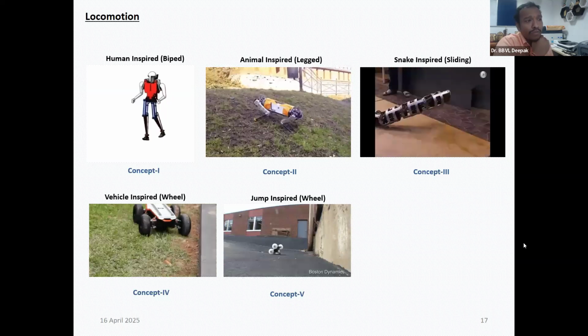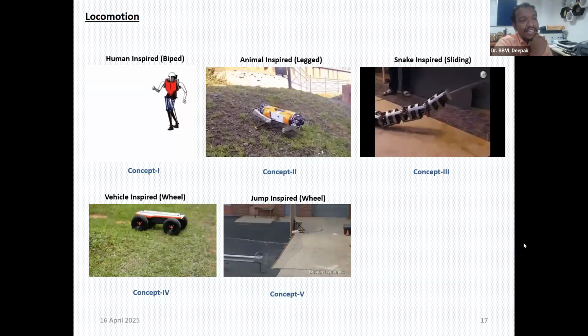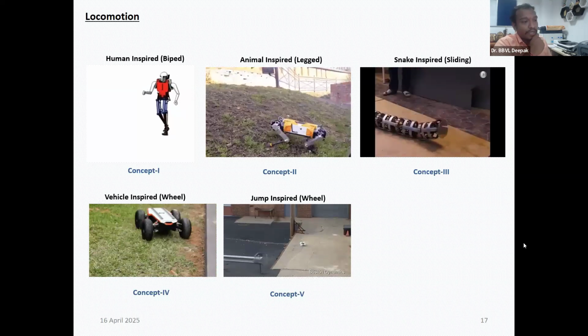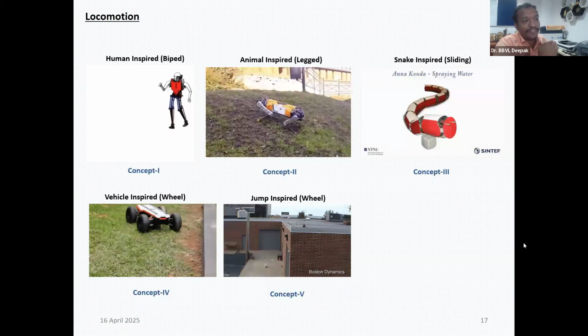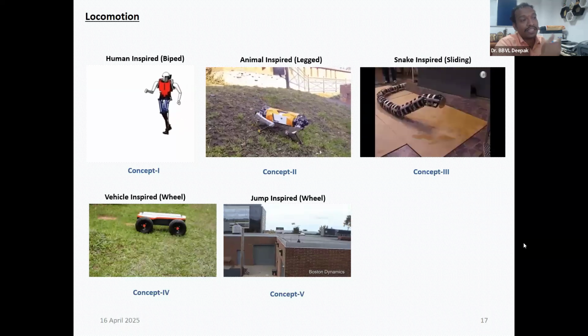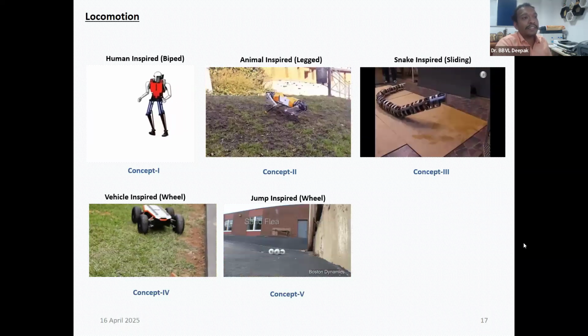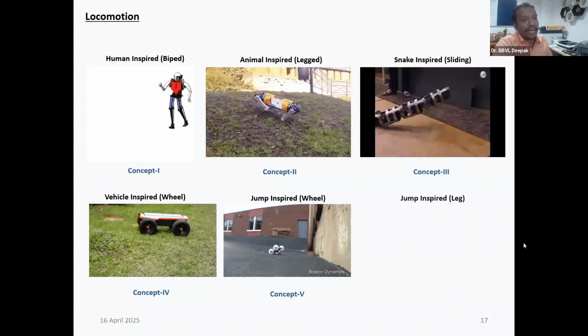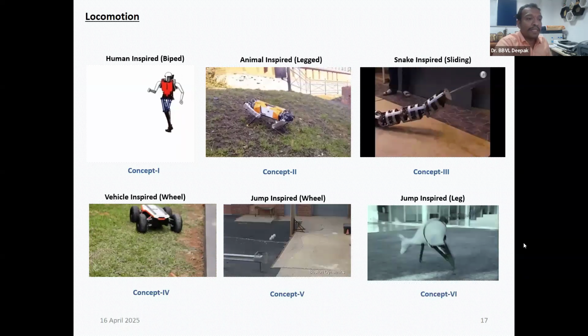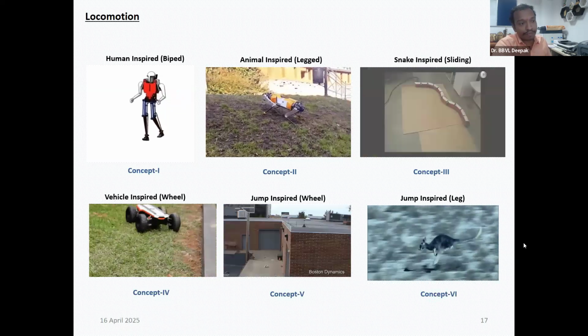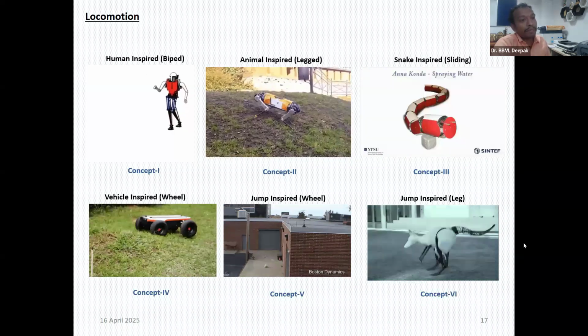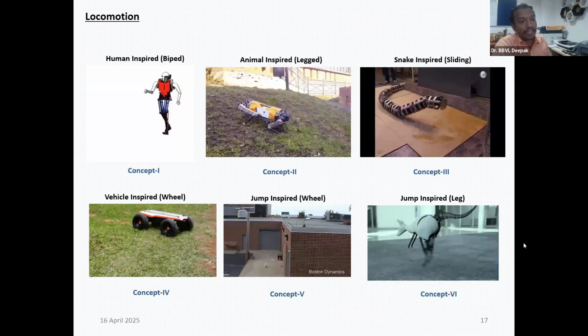A robot can sense and jump to a certain height. It can move on the wheel and it can jump. This is like wheel assisted jump inspired robotics, and the jump can be with the support of legs, just like a kangaroo, how it mimics the motion of a kangaroo.